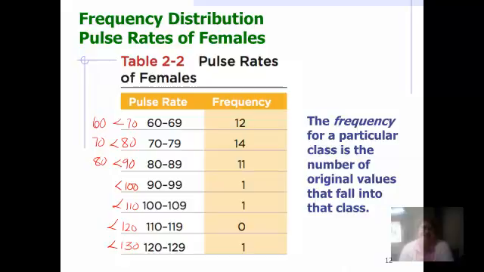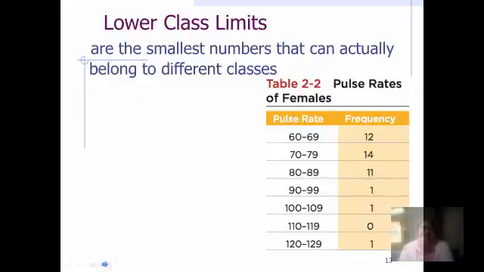By using that less than sign, automatically at the top of the class, if it's 70, it goes into the next class up. Now, the class limits are the smallest numbers that can actually belong to the different classes.